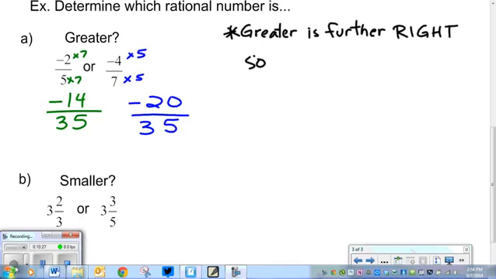If we're thinking on a number line, 10 is further away to the right than 5 is, so 10 is the larger value. Same thing with negatives. If we have a negative, we want the one that is further to the right or closest to 0. So in this case, negative 14 over 35 is the larger value because it's the one that's further to the right or closest to 0.